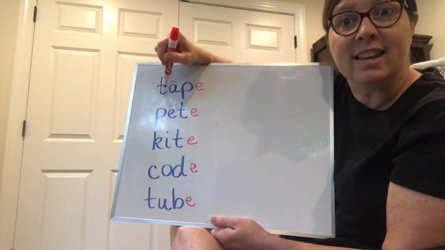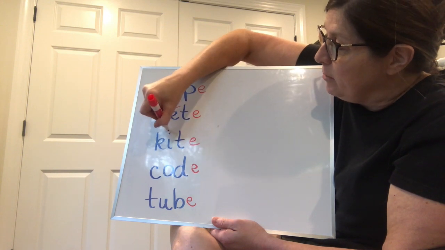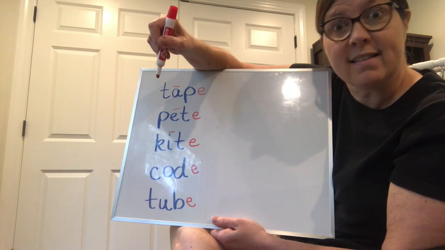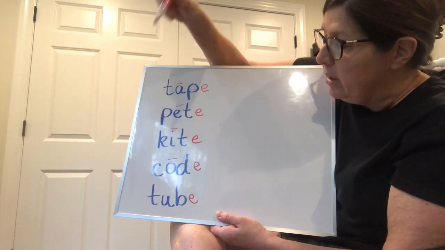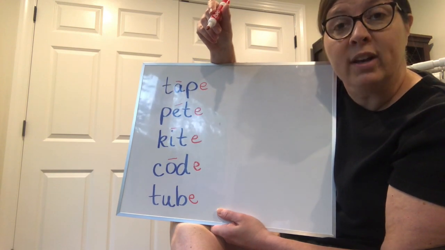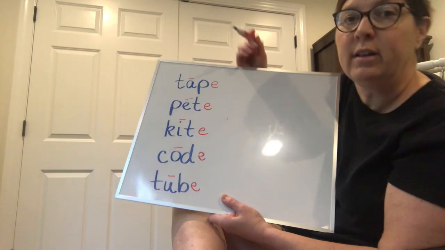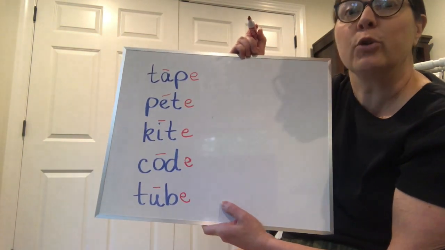All right, Pete, E, it says its name. Kit became kite. Draw my line over there. Kite, I, it says its name. Cod became code. O, it says its name. And tub became tube. Oo. Kind of says its name close to it. It doesn't say the U, it says oo on that.